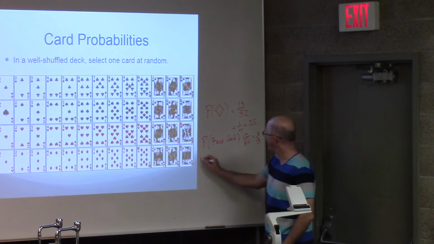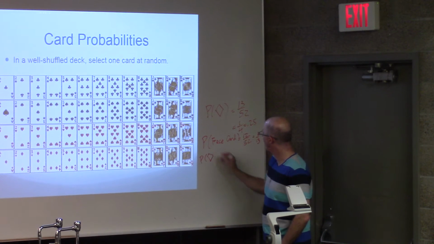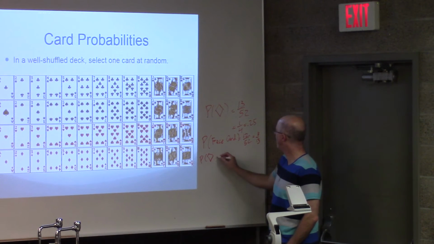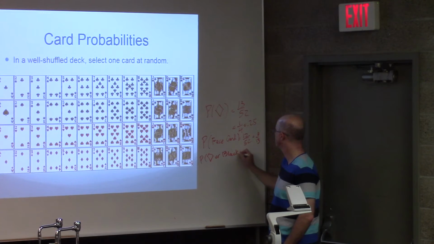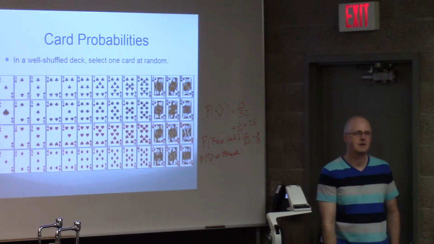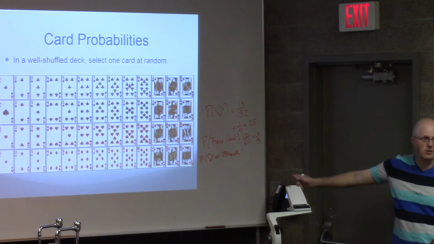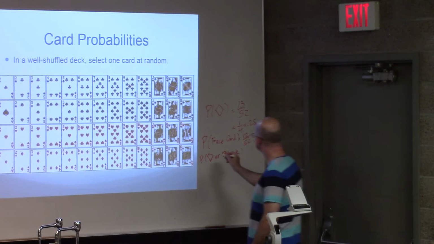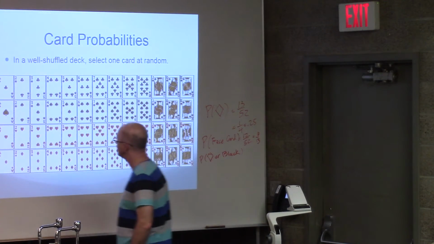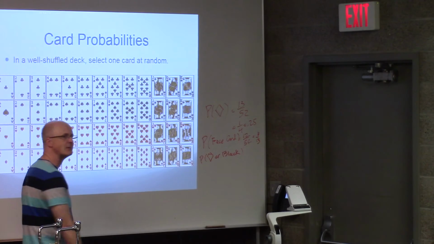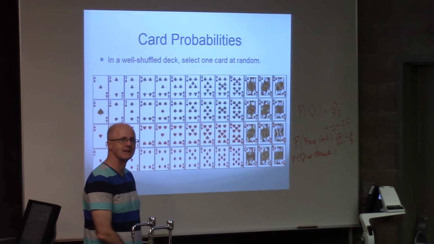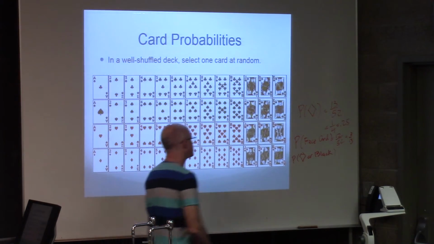I could ask, what's the probability of getting a diamond or getting a black card? Notice those are disjoint events. Diamonds are red, they're not black. Blacks are not diamonds. So I can find this probability in two ways.